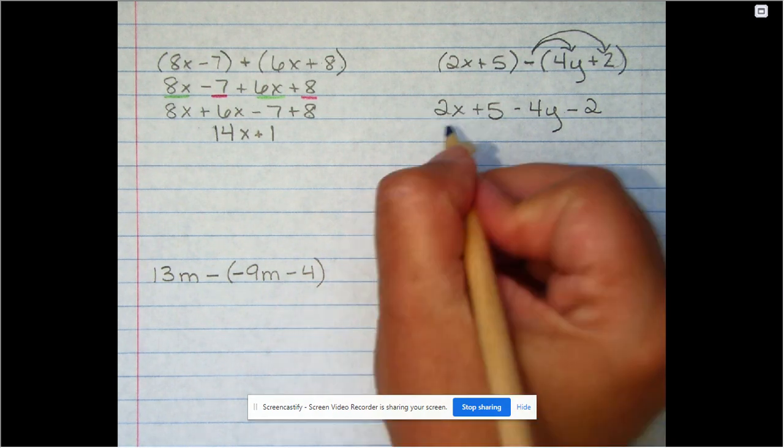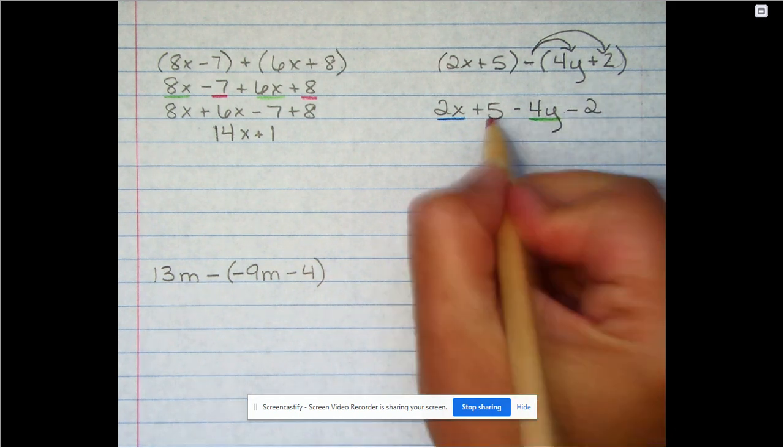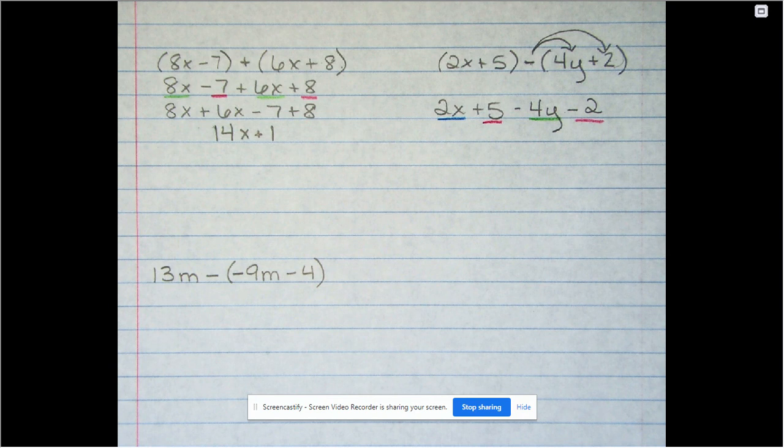So I have x's, no more. And I have y's, and no more of those. And I have two constants. Those will be like terms. Now, when we're writing expressions, we tend to go in alphabetical order, and we tend to go with the variable that has the highest exponent first.